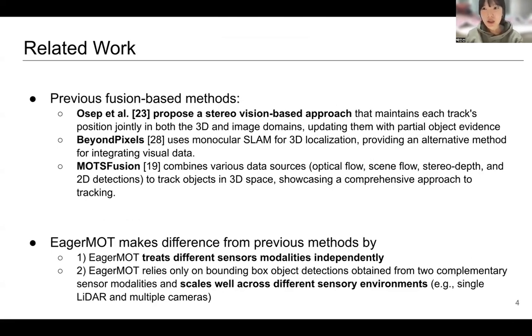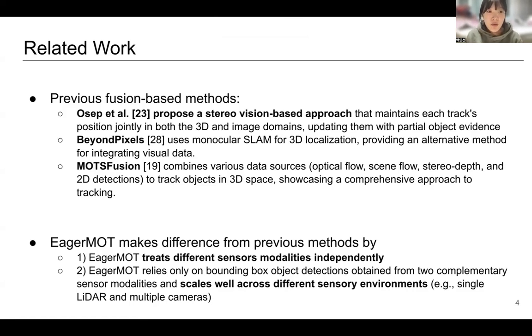Given such limitations of 2D and 3D, there have been various previous fusion-based methods. One of them is a stereo vision-based approach, which maintains each track's position jointly in both 3D and image domains, updating them with partial object evidence.